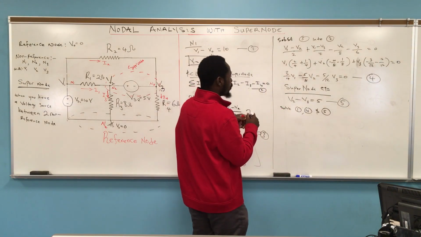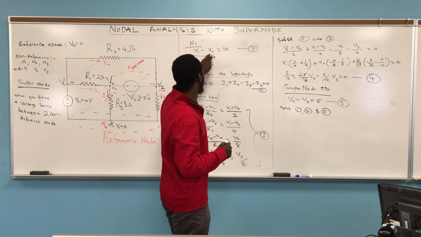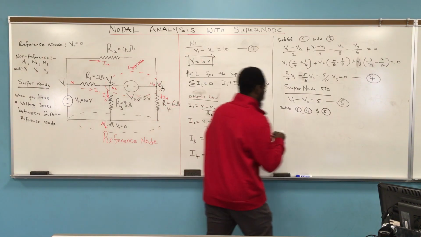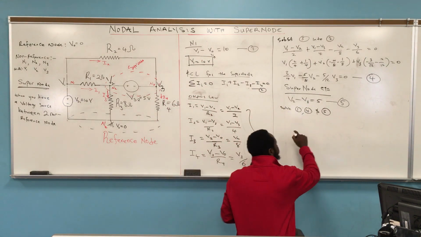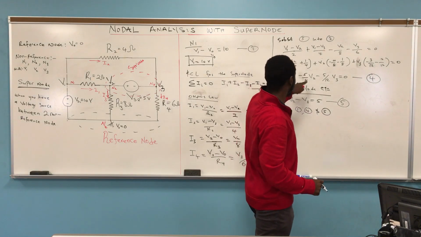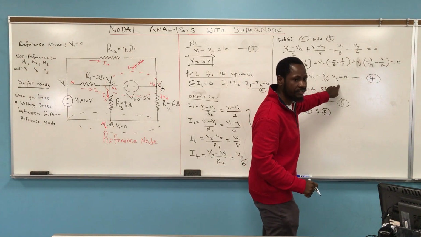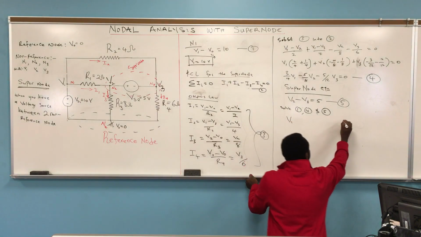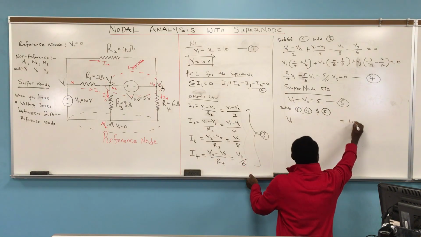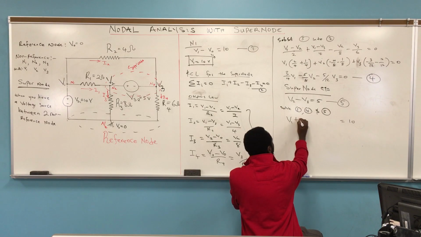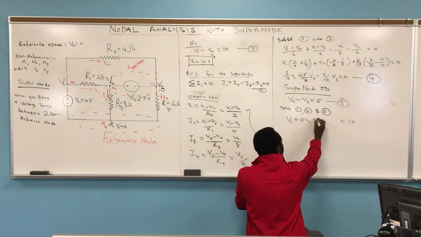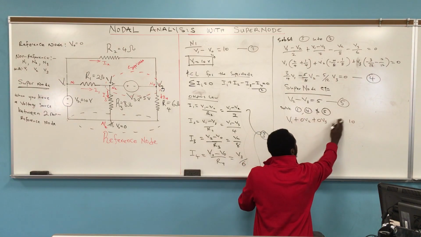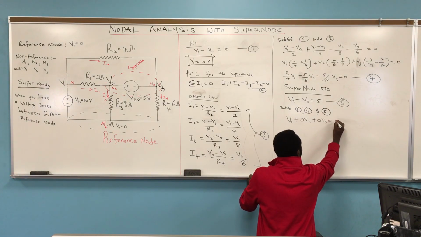Now, my equation 1, I will rewrite it. I wanted to show all the variables, V1, V2, V3. My equation 1 is just V1 equal to 10, so I can say V1 plus 0 V2 plus 0 V3 is equal to 10.